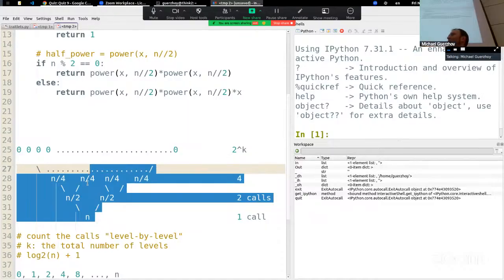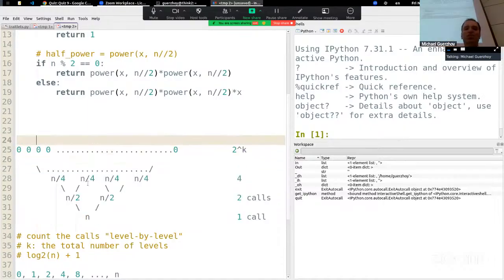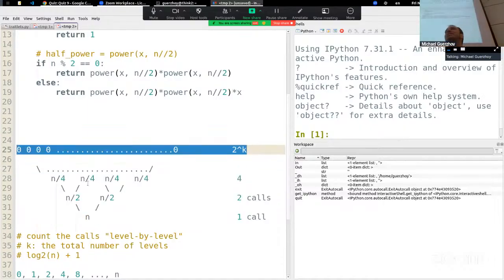So even though it looks like it's branching out, most of the calls are just over here. So for that reason, it's actually proportional to n because there's not very many levels and it gets wider very fast. So that's just the intuition. The math just says it turns out to be O of n. Make sense?